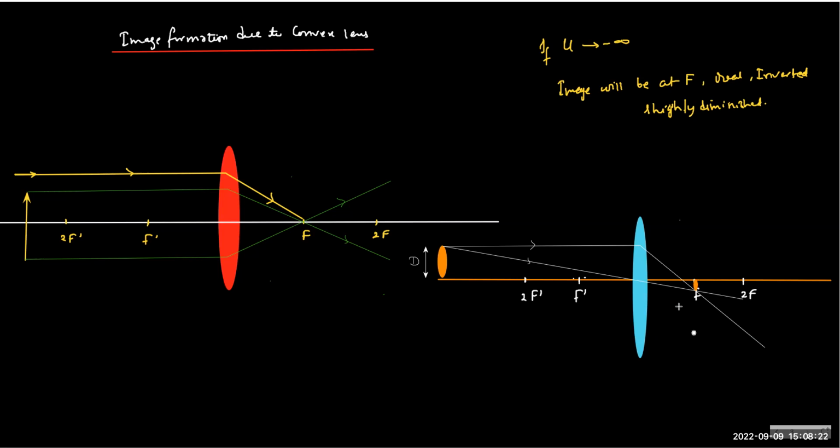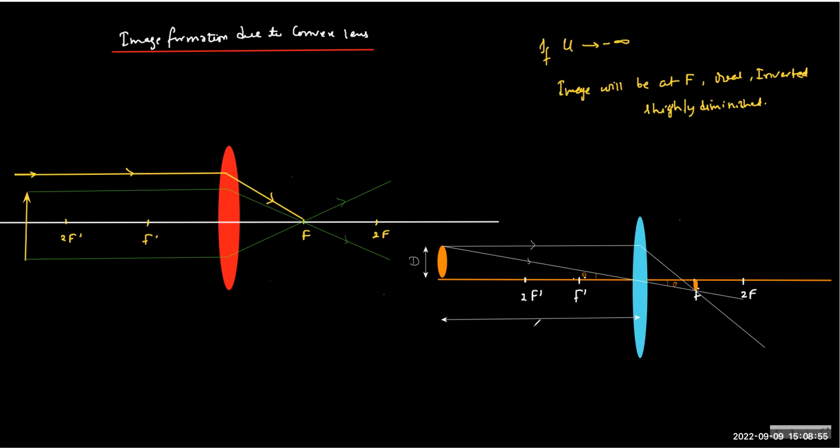The question is, what is the diameter of the image of the sun? So we know that this angle will be the same as this angle. If I call this theta here, this is theta. See the beauty of physics. So this is the distance of the sun from the earth.